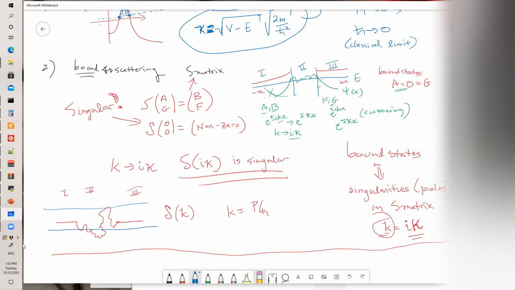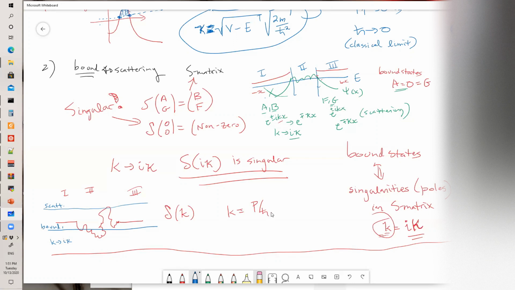So out here, the only difference is that in regions 1 and 3, K gets replaced with i kappa. So looking for bound states is the same as looking for poles in the S matrix at imaginary K. That's what the statement is, more precisely. That makes more sense than what I was thinking. Okay.